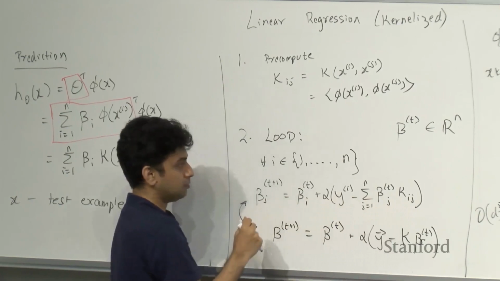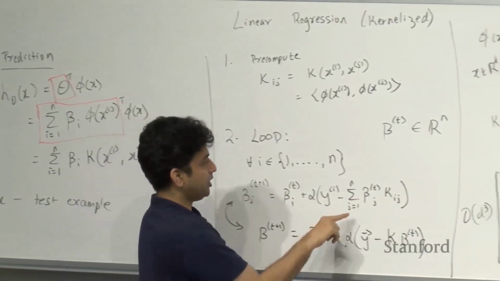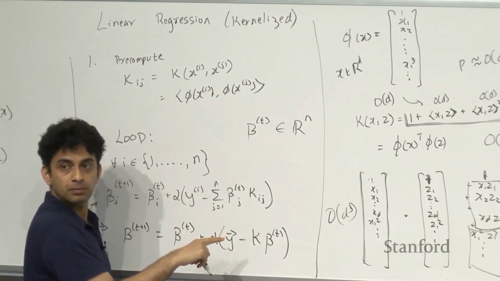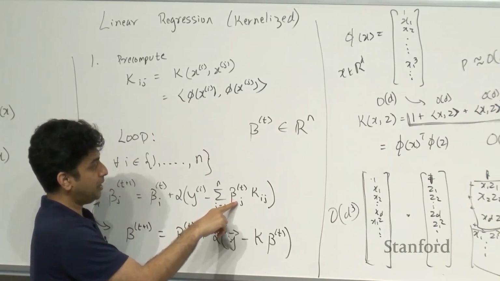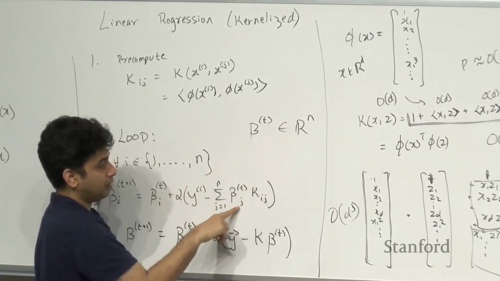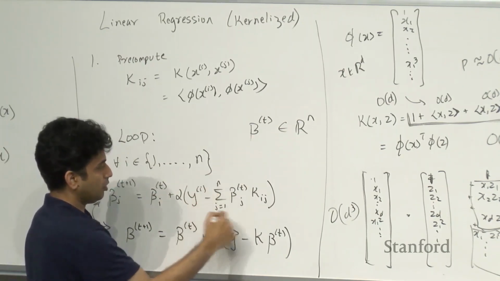Right? So, I'm sorry? So j is just the index you're summing over. Yeah, so beta j is a scalar. So beta t is in Rn. So beta t subscript j is a scalar. Right? So this whole thing is a scalar.